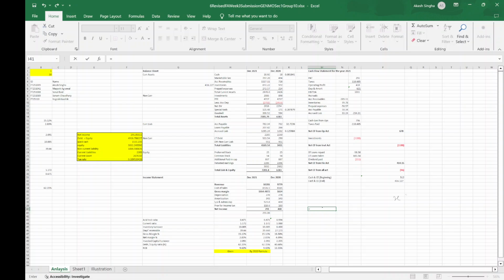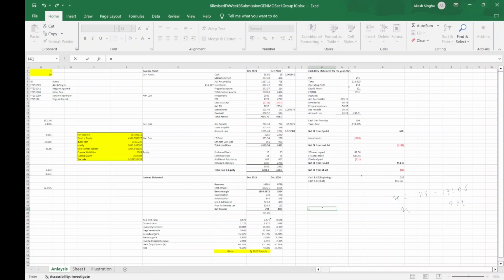X is not given, so we have to find it. 291 is given, and profit before tax is x.